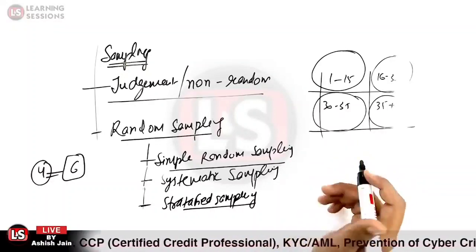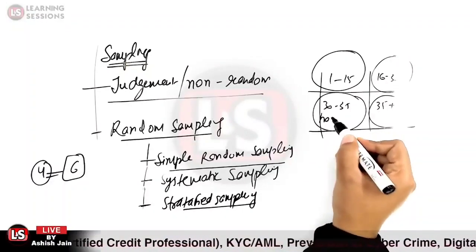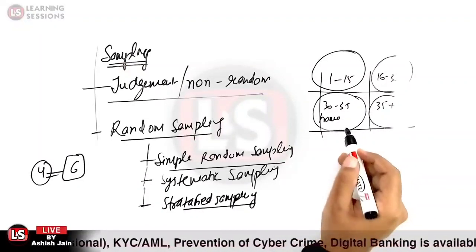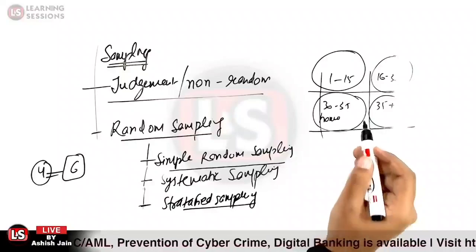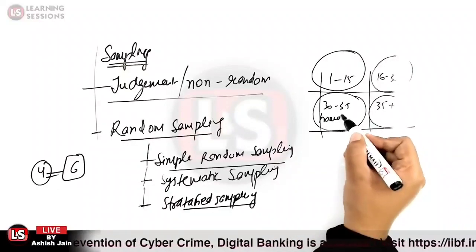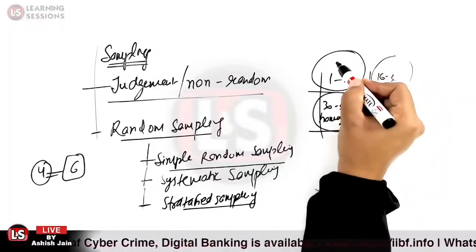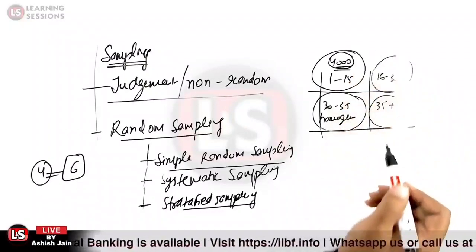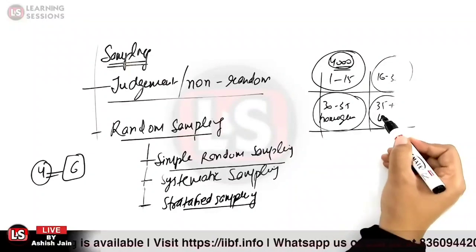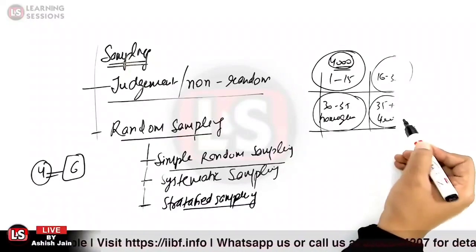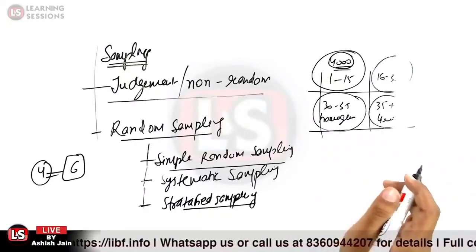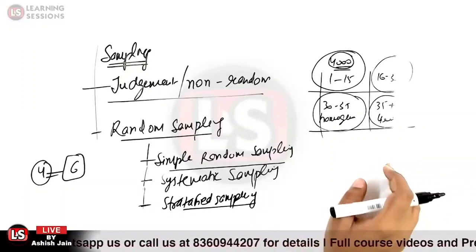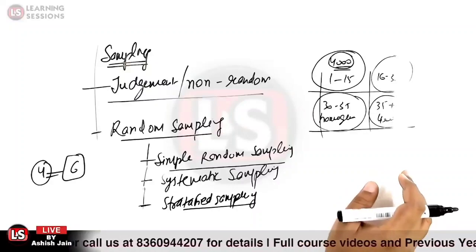So we can say they are homogeneous. The entities within a strata are homogeneous in nature. If we have 4,000 people in age 1 to 15, and 40,000 in 35 plus, the characteristics within a particular strata would be homogeneous.